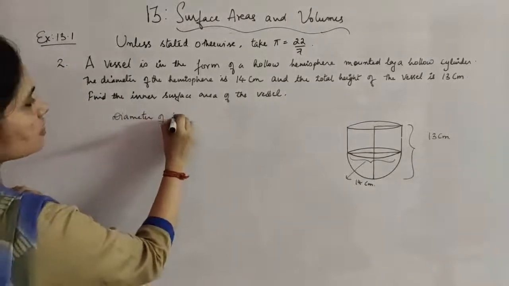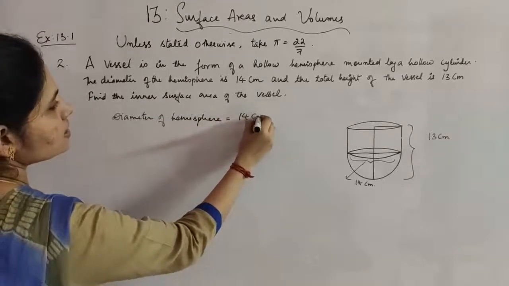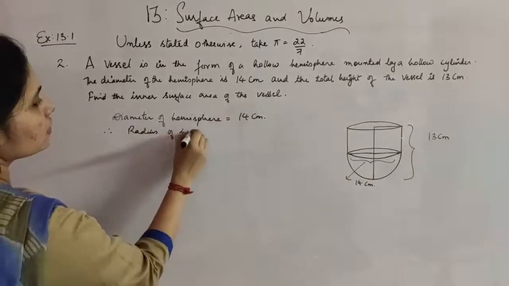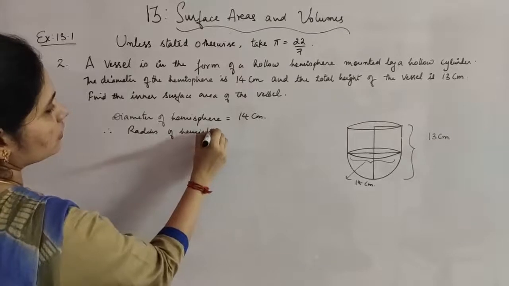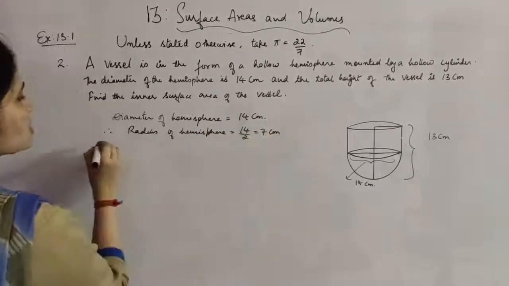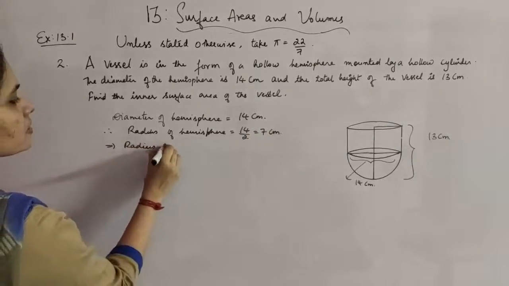Okay, diameter of hemisphere is equal to 14 centimeter. Therefore, radius of the hemisphere is equal to 14 by 2, which is 7 centimeter, and this will be same as radius of cylinder.